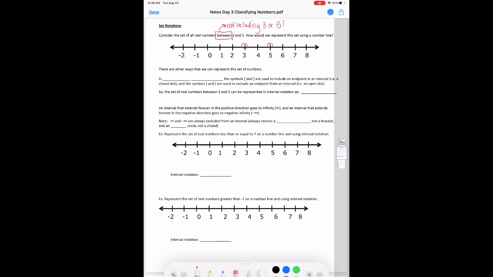Okay, if we did want to include those, we would shade them in. So if we are between 3 and 5, then we are going to shade in between. All right, there's other ways that we can represent this set of numbers though. So another way is what we call interval notation.